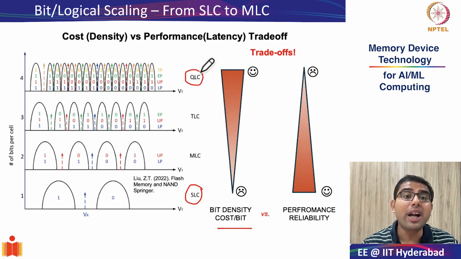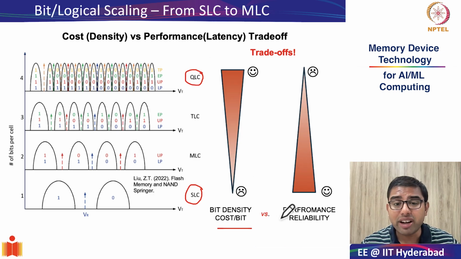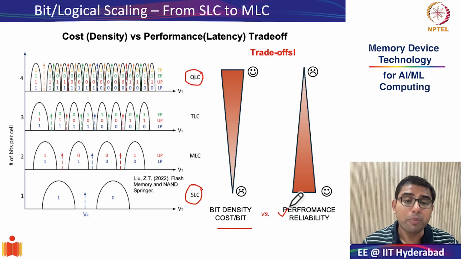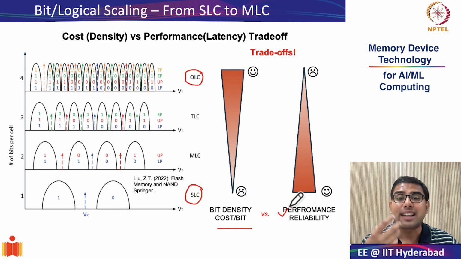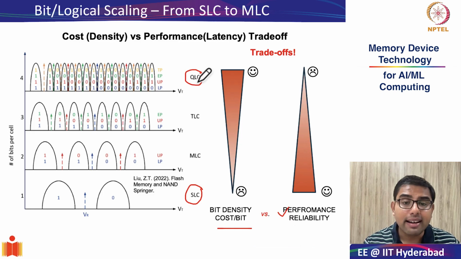This was the primary motivation of moving from SLC to QLC, but there are significant trade-offs. The first trade-off is that performance suffers when you move from SLC to QLC because of the read latencies.